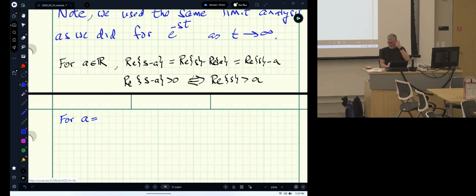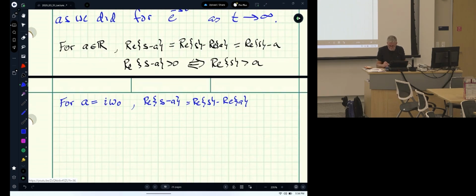Now let's suppose this number a is purely imaginary. So it's i times omega naught, where omega naught is some real number. Then the real part of s minus a, so real part of s minus the real part of a, well, it's just the real part of s, because the real part here is 0.